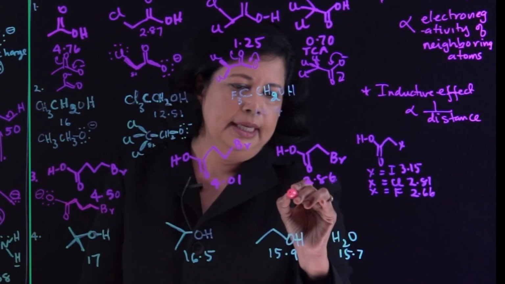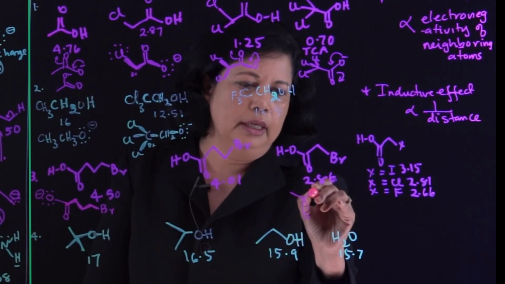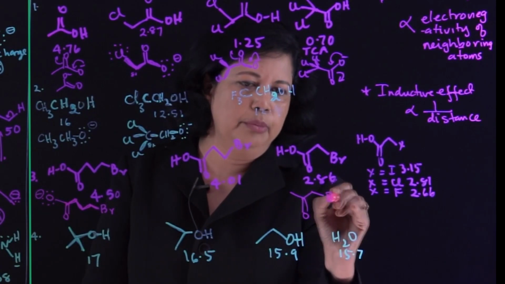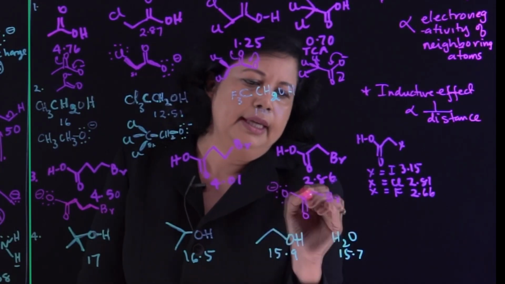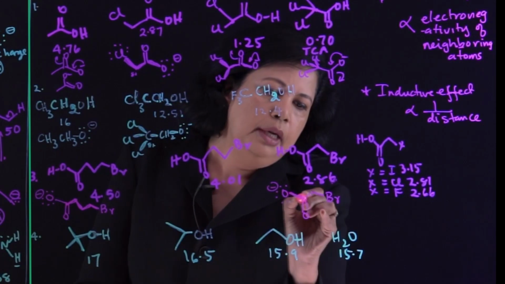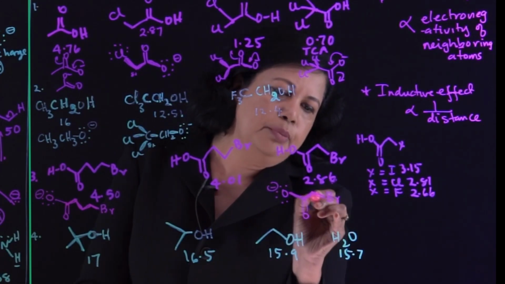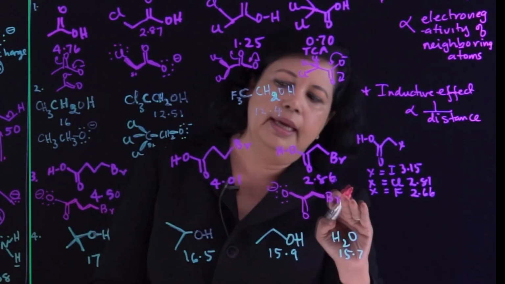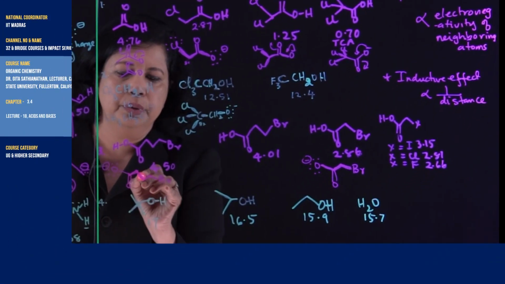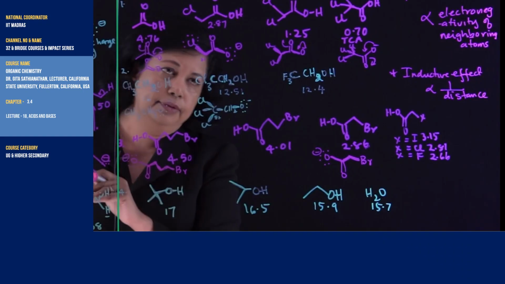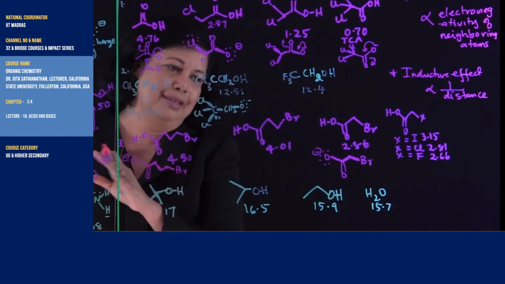Proximity matters. Distance matters when you're talking about inductive effect. So here's a bromine, and you have an anion right here. It only has to pull through 3 of these bonds to stabilize it. Whereas over here, it's got to pull through 1, 2, 3, 4, 5. So it kind of falls off with distance.